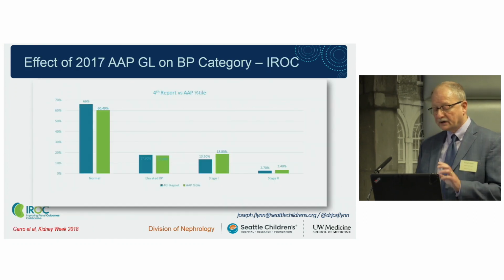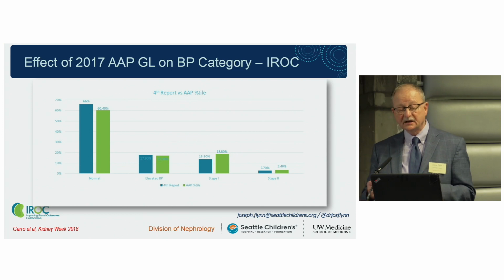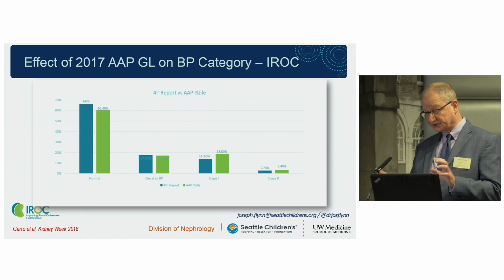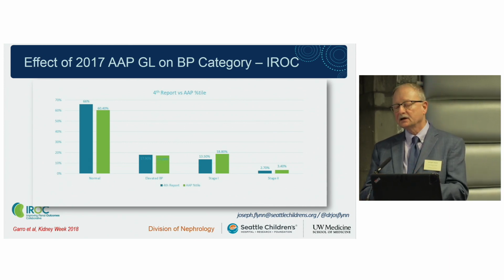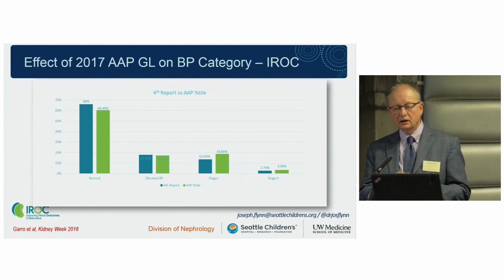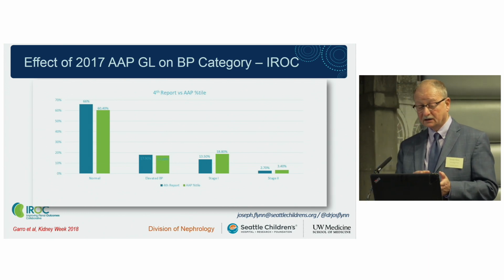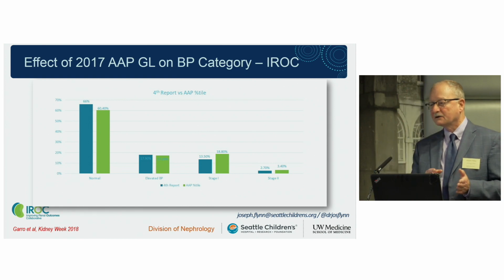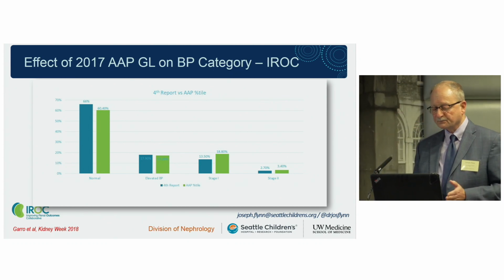And then one interesting thing to think about are the normative data you're using to classify patients as hypertensive. So again, this is an unpublished analysis from the IROC registry, where we compared using the prior normative data from the fourth report that are being carried forward in the ESH guideline for some unfathomable reason, versus the updated normative data in the 2017 AAP guideline.